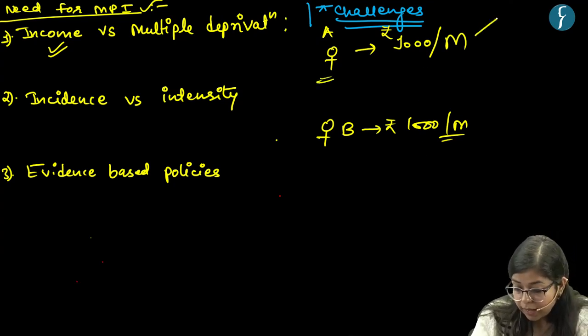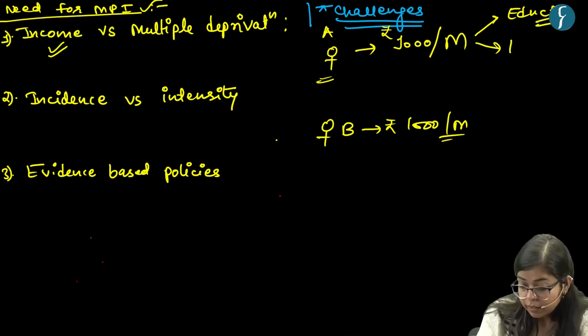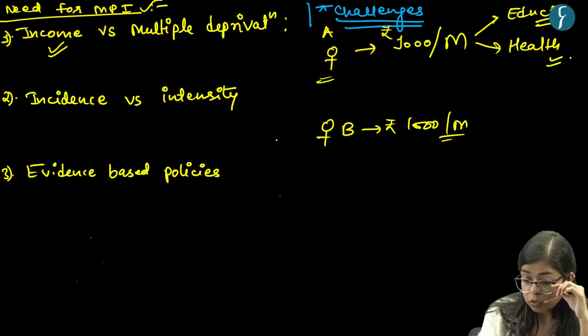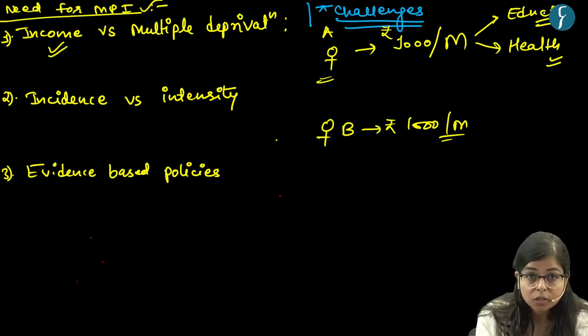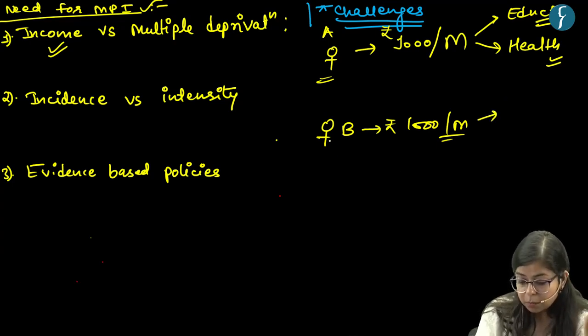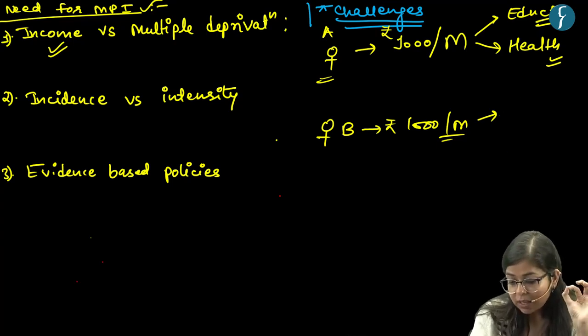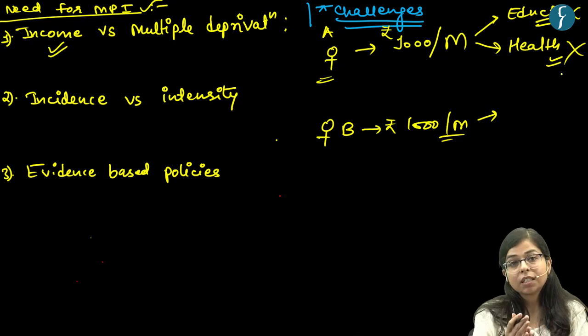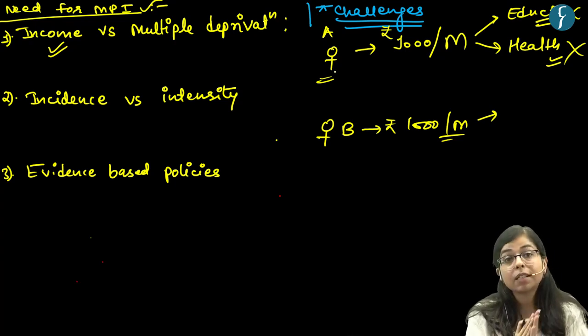But say suppose person A has the facilities to access education, right? He has the facilities to access healthcare services, suppose in primary government hospitals, or say free education, state sponsored education, and some other services. Now say this person B, despite having same income level, is not able to access other services which are present in the vicinity of person A, right?